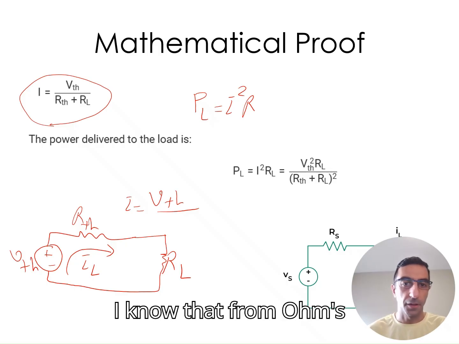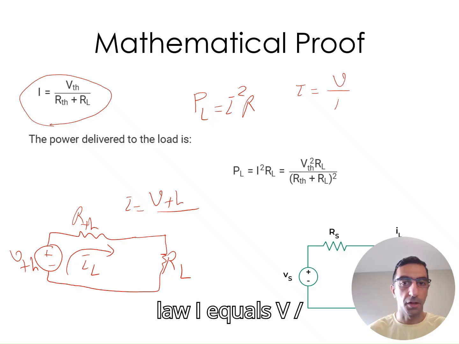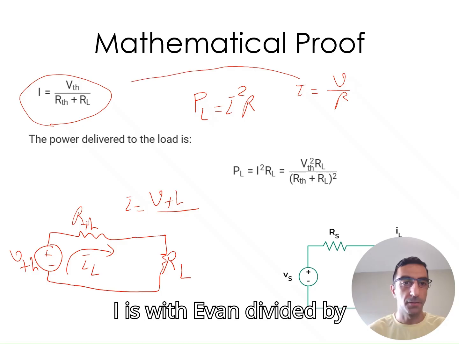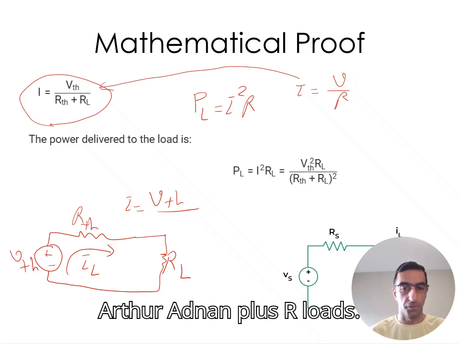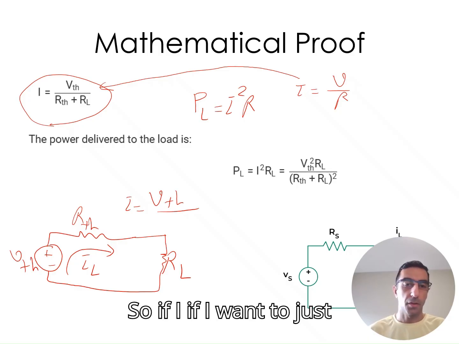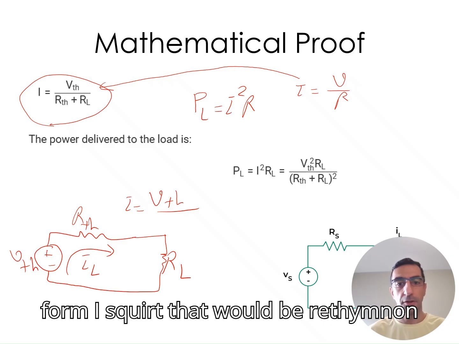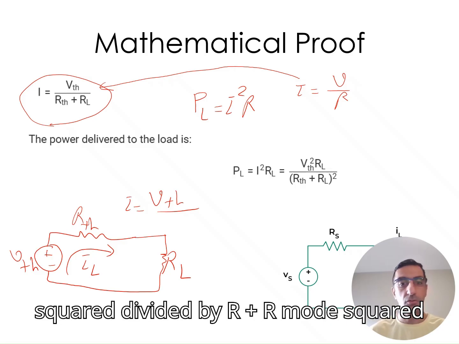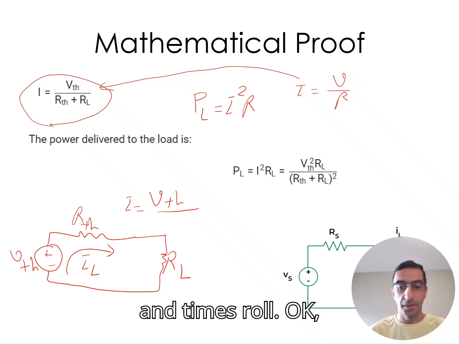From Ohm's law, I equals V over R, and here I is V Thevenin divided by R Thevenin plus R load. So I squared is V Thevenin squared divided by R Thevenin plus R load squared, times RL.